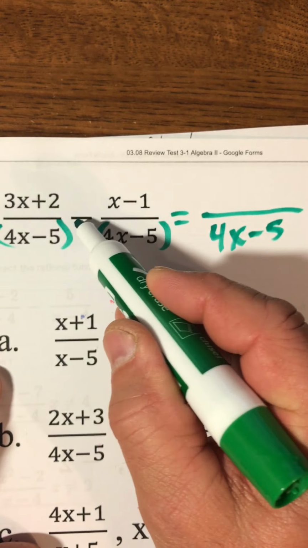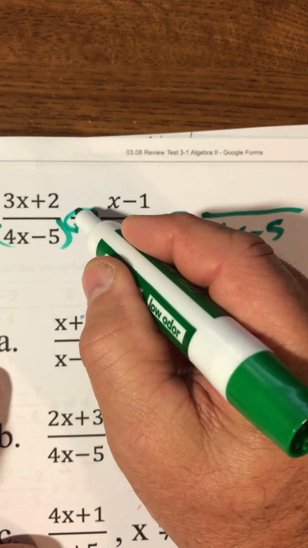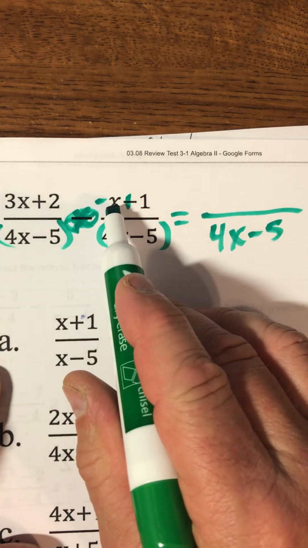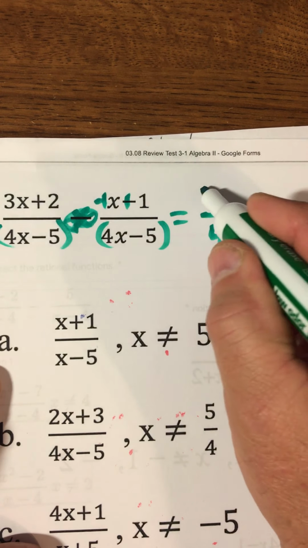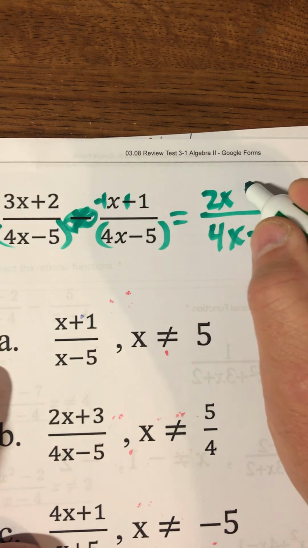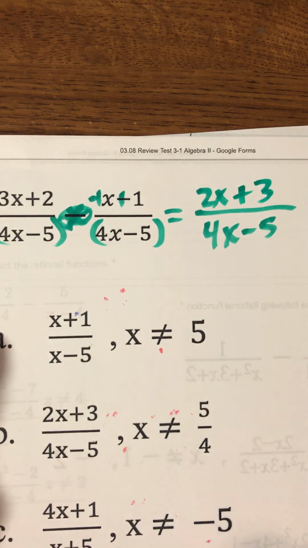So what I'm going to do is distribute this to both terms. So I'm going to get rid of it here and make it a minus positive. So 3x minus 1x is a 2x. 2 plus 1 is a 3. Okay?